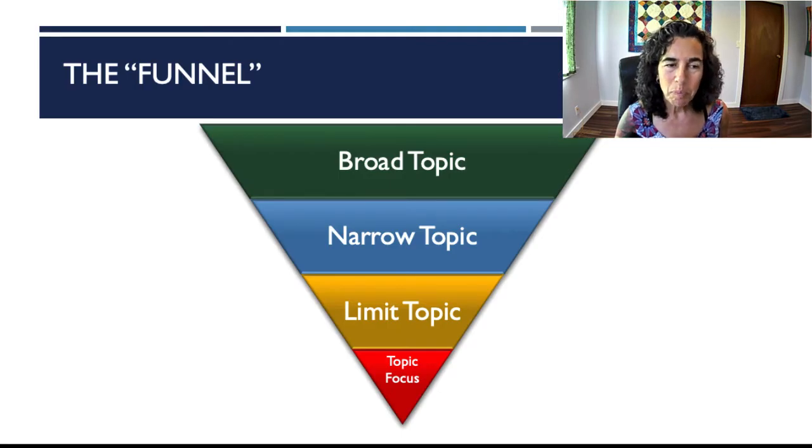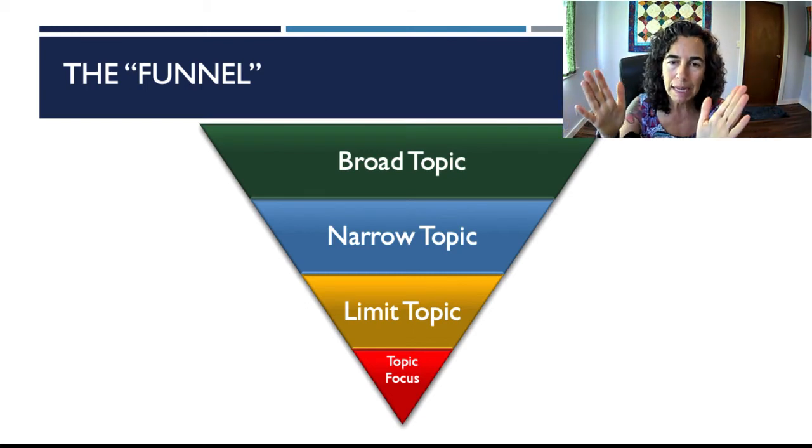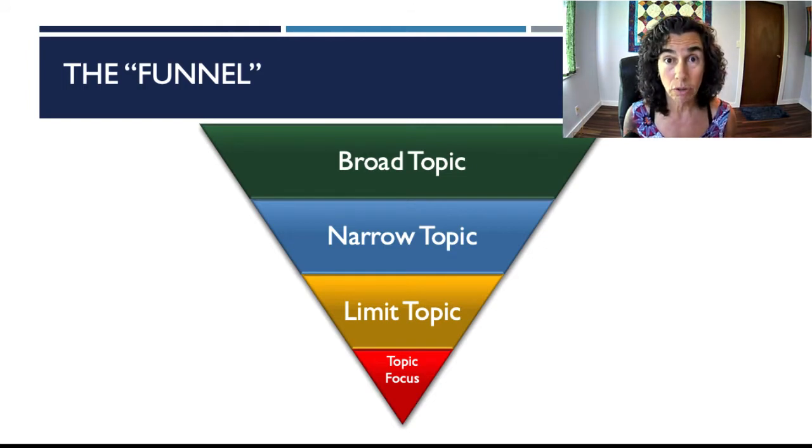Okay, so before we go to the resilience example, we think about the research problem as a funnel, right? So there's a broad problem, then we narrow the topic down because a super broad topic we can't do anything about. We narrow it down, then we limit it further, and then we focus on a smaller topic that we can actually address with one study.